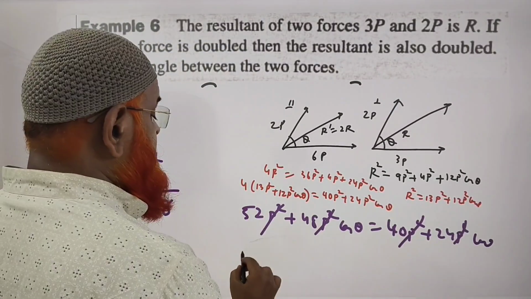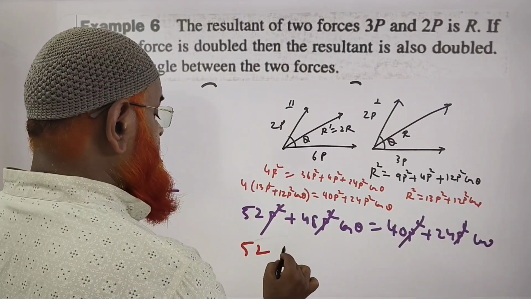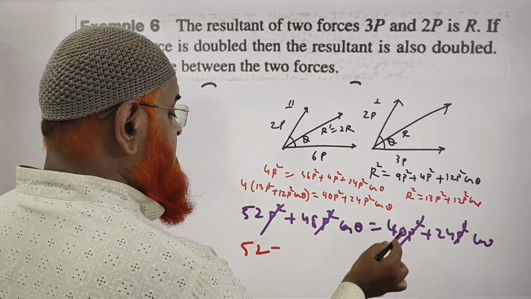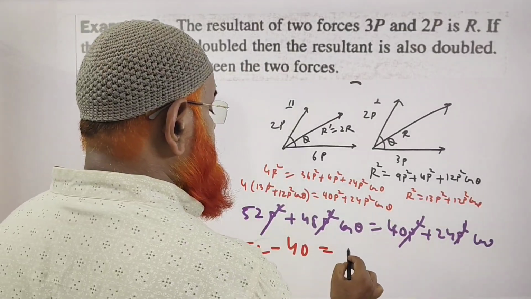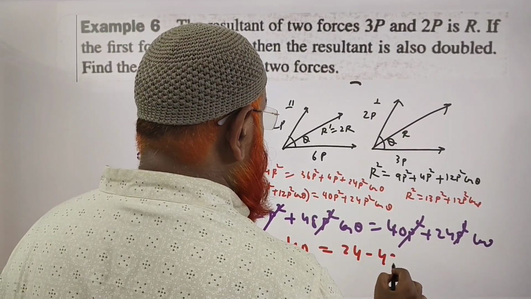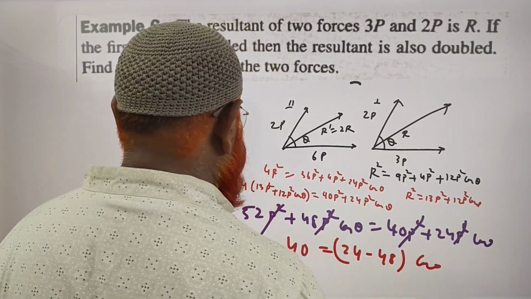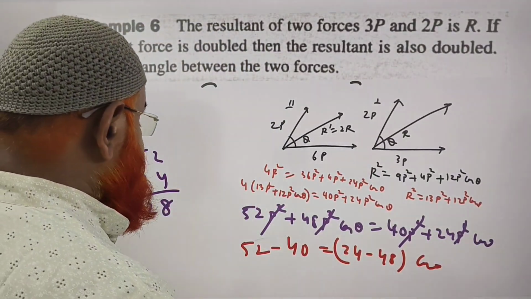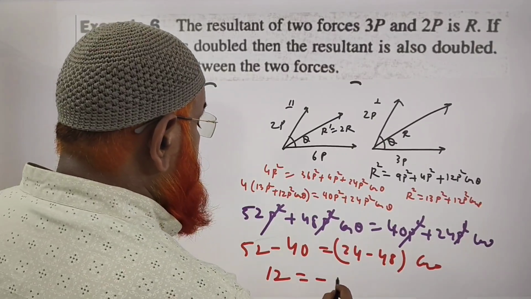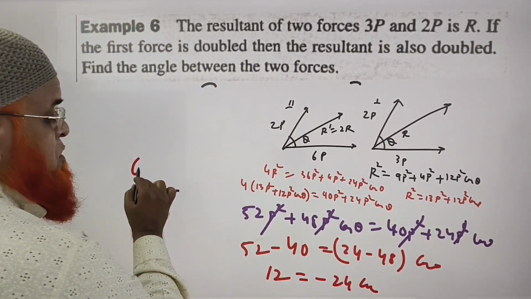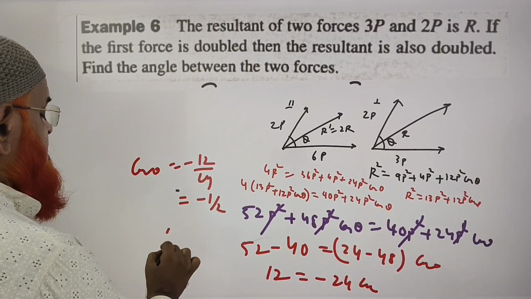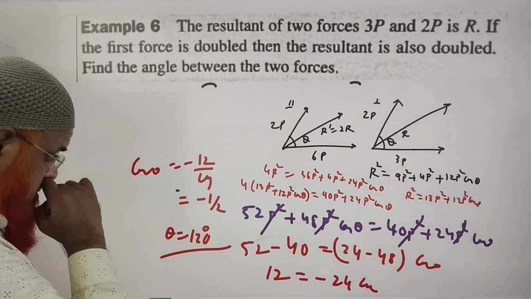So 52 minus 40 is 12, and 24 cos theta minus 48 cos theta is minus 24 cos theta. So 12 equals minus 24 cos theta, so cos theta is equal to minus 1 by 2, which is again the same 120 degrees.